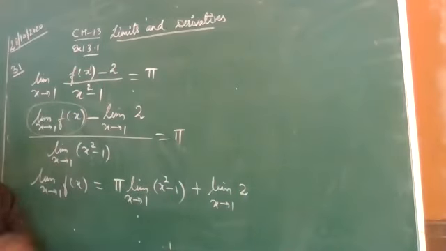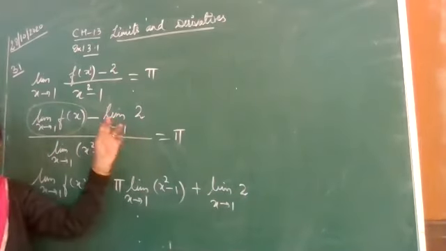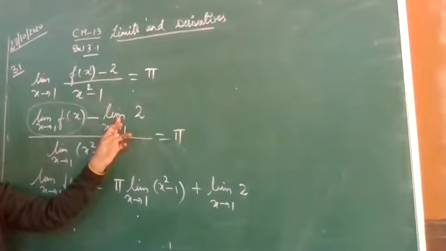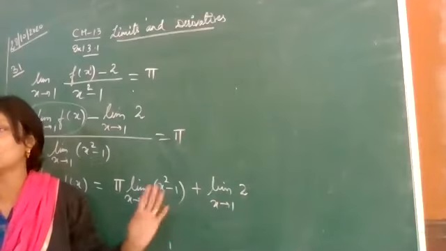In the last term we don't need the limit, we can simply write it. After you apply the limit here, you can write the value 2, because we know that the limit of any constant function is that constant itself.